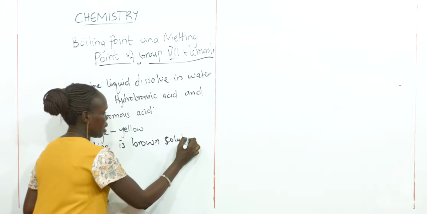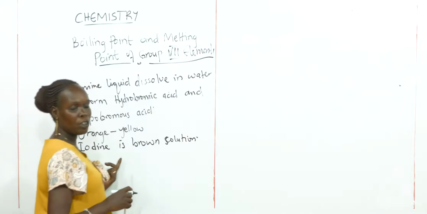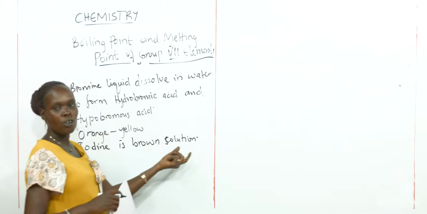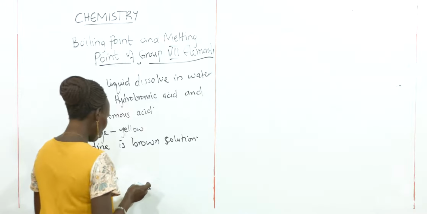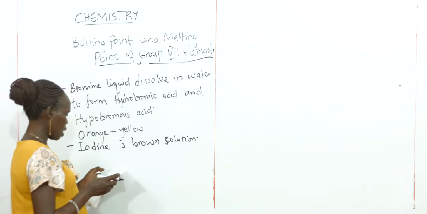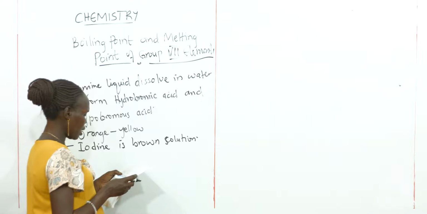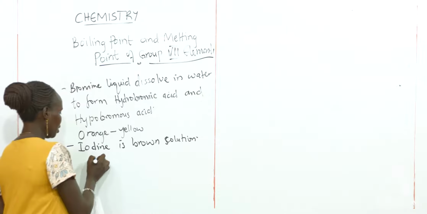So in this case, although iodine is insoluble, the amount that has dissolved will turn the liquid into a brown solution. So we are going to have a brown solution formed from iodine, and fluorine reacts with water to form hydrogen fluoride and oxygen gas.